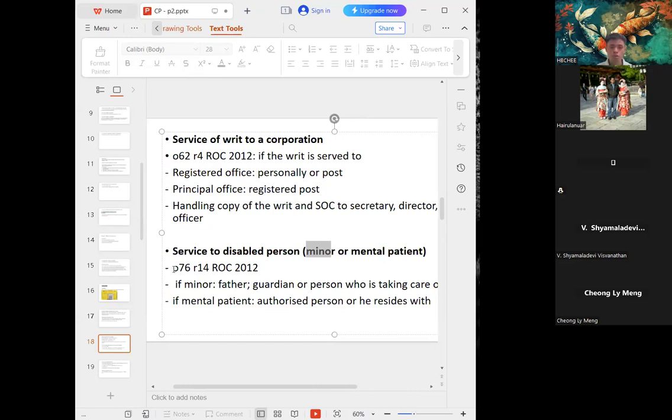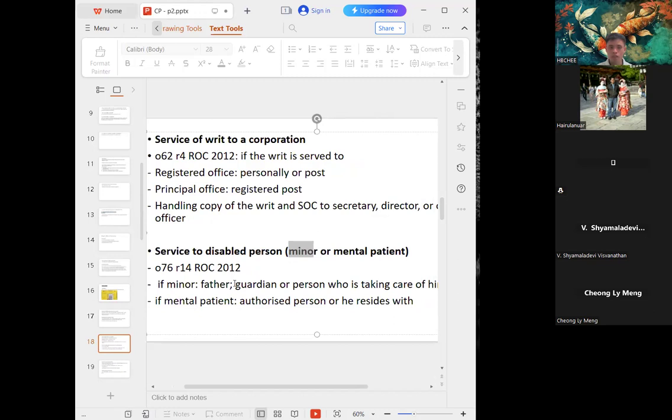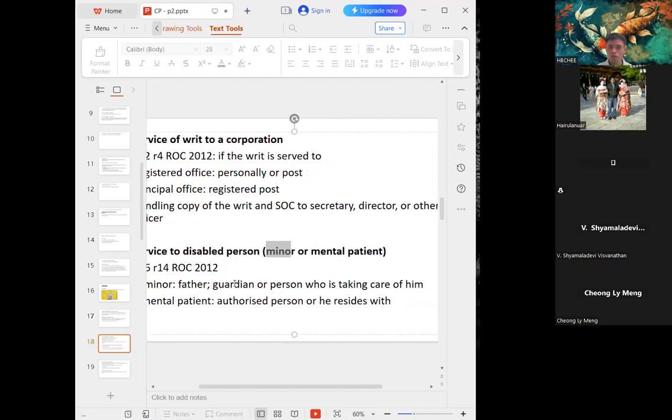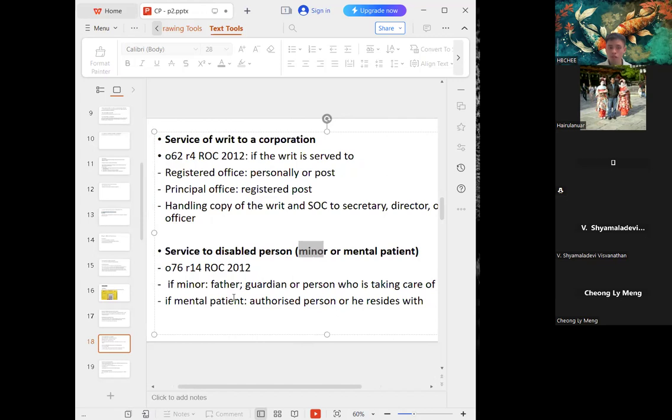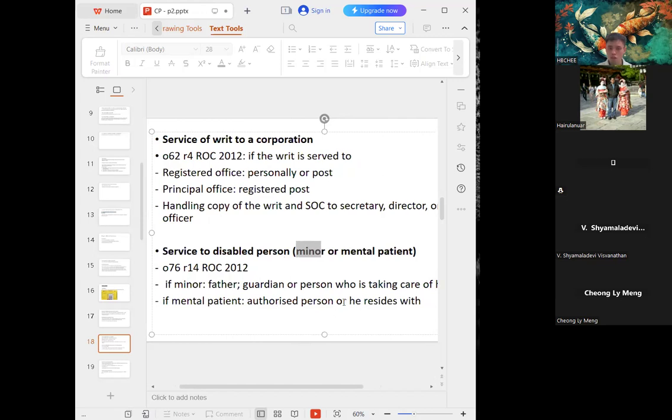According to Order 76 Rule 14, if the person is a minor, you serve the writ on the father, the guardian, or the parents who are taking care of him. However, if the person is a mental patient, it is an authorized person or the person he is residing with.